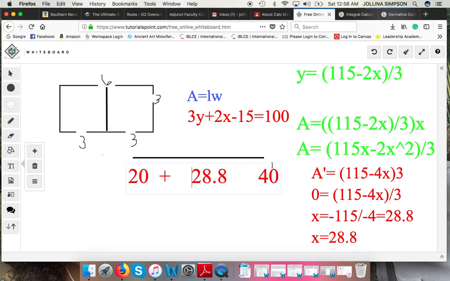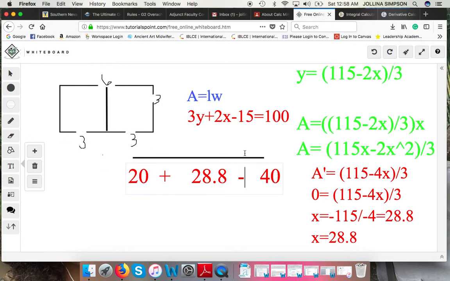And then when we plug in 40 into this number, that would be 4 times 40, which is 160. So 115 minus 160 is a negative, divided by 3 is still a negative. So on one side we have a positive, and on the other side we have a negative.